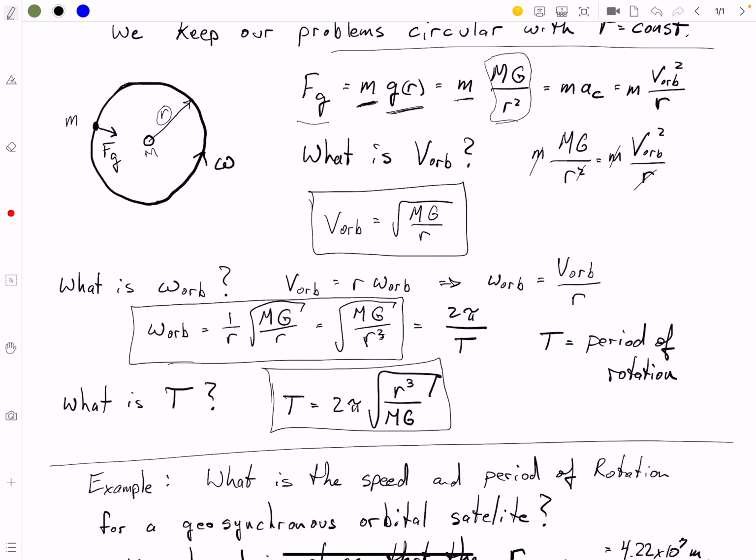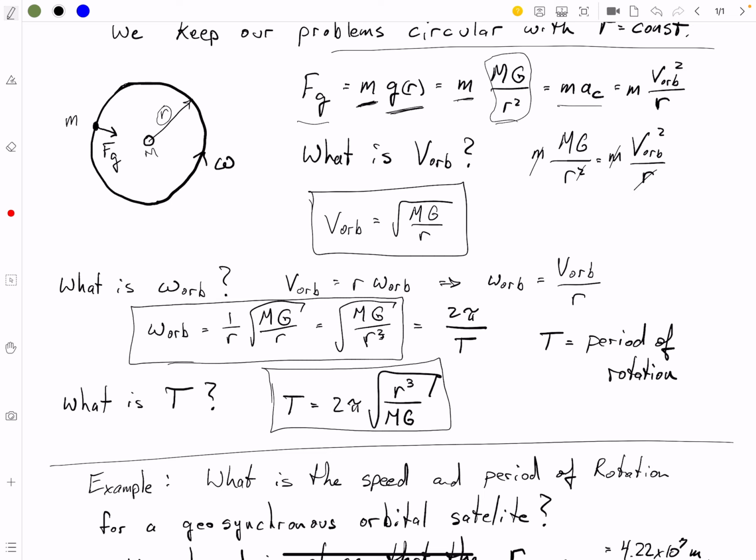We know that that equals our m a, right? And we're saying, of course, in is down. Down is positive for this equation. All right, so the a, of course, is our v orbital squared divided by the radius.